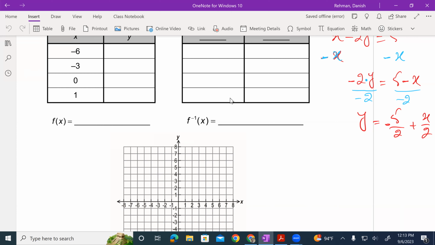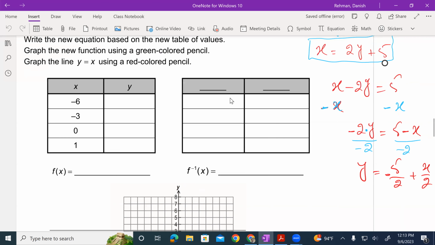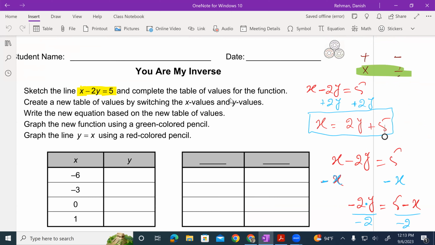I will be discussing the inverse of a function in three forms with you. First of all, in a table, then the ordered pairs, and then in the function itself. Then why did I do this? Because here, the first step in your worksheet is telling you to sketch the line x minus 2y equals 5.